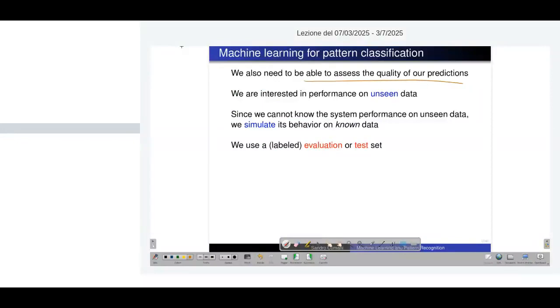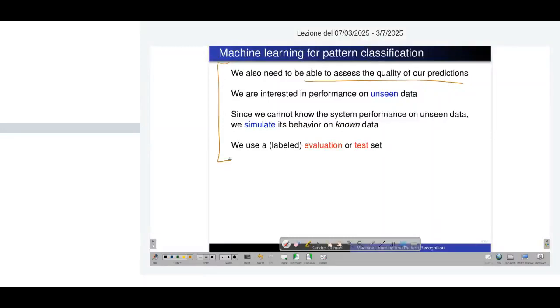Something that is already useful to say, even if we don't see yet how we practically measure the quality of our predictions, is that to perform evaluation, it's important that evaluation should give us a metric that tells us how the classifier would work when we actually apply it to the data that we want to classify.